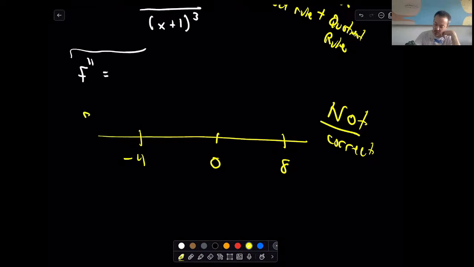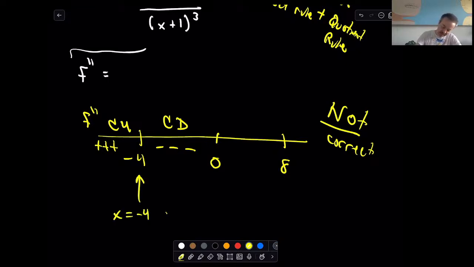But suppose these were, and I test some points and I figure out it's positive here, that means it's concave up. And suppose I figure out the second derivative is negative here, that means it's concave down. And that means that x equals -4 is an inflection point, you could say, because it changes concavity.